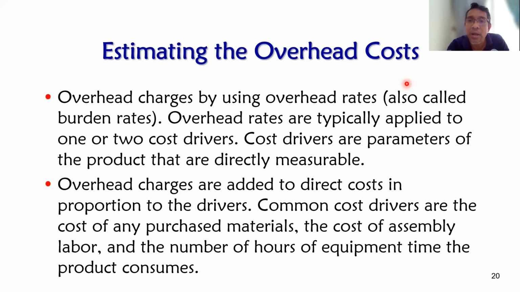For an example of the overhead rate, the purchased material might be 10%. They decide 10% or 5%. That might be the percentage rate they decide. Then the overhead rate for the assembly level might be 80%. So they have a different rate for purchases and for labor.